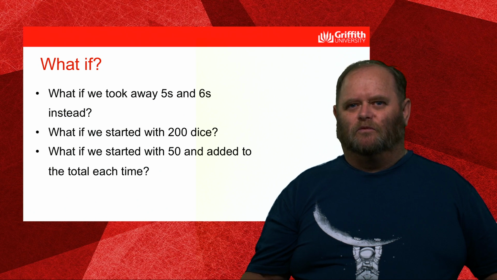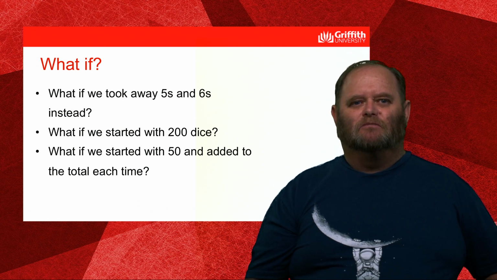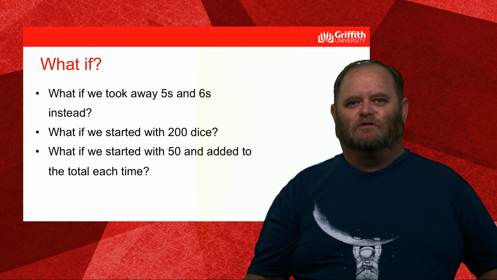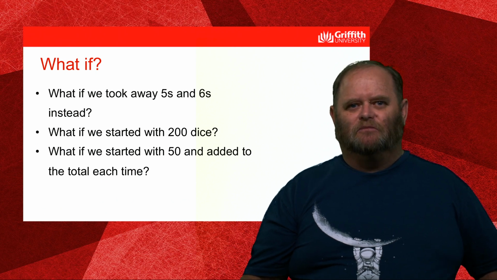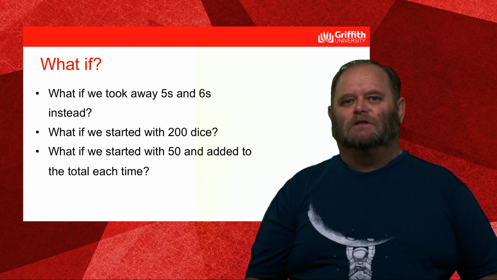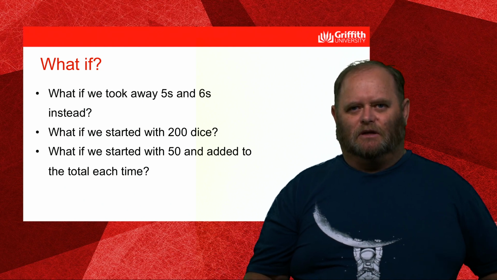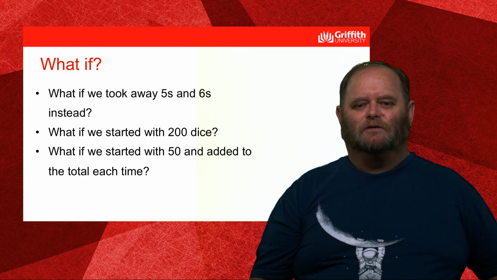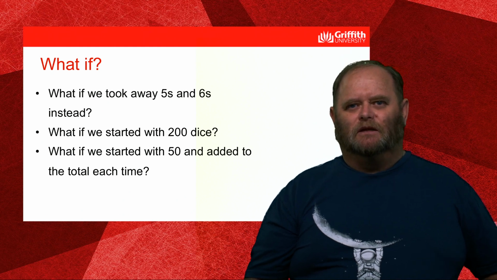And we could talk about decay, but what about if we started with 50 dice and we did the same thing, but we added to the total each time. Every time we rolled a 6, we added that many dice into the new pot, and we might then have exponential growth. And then how would that change?